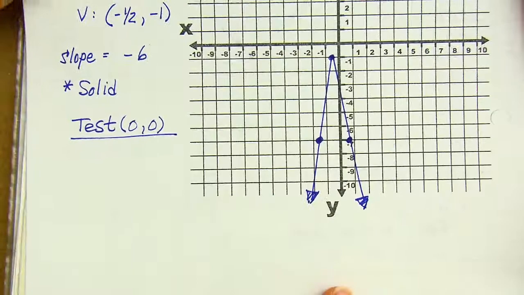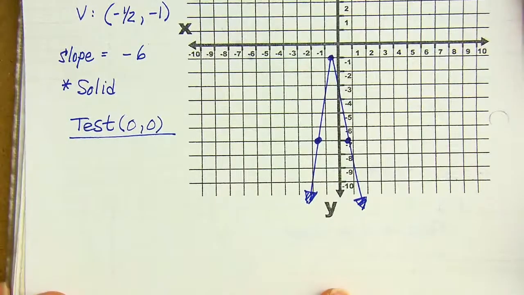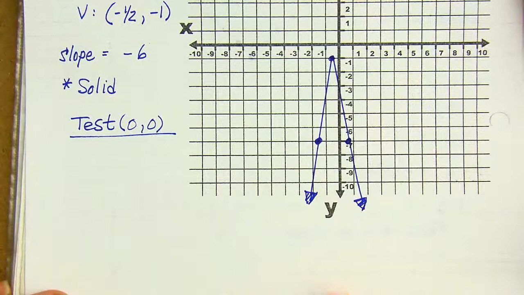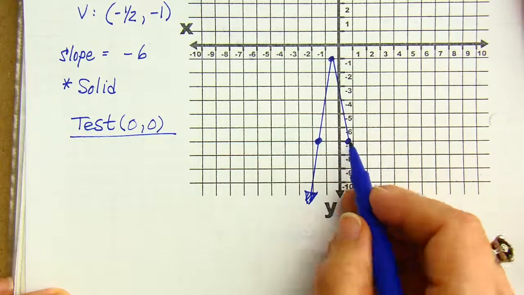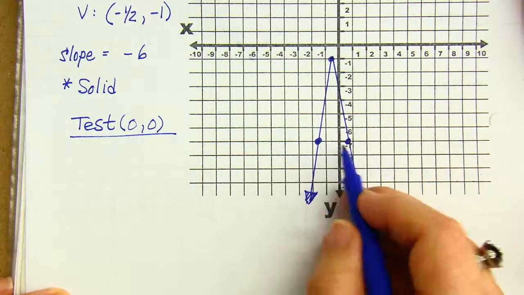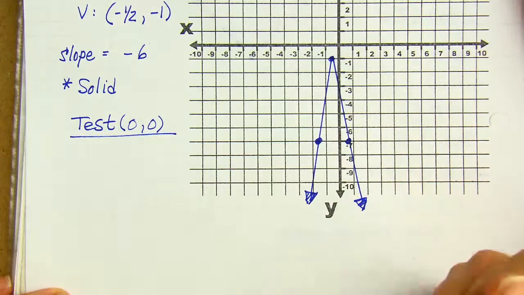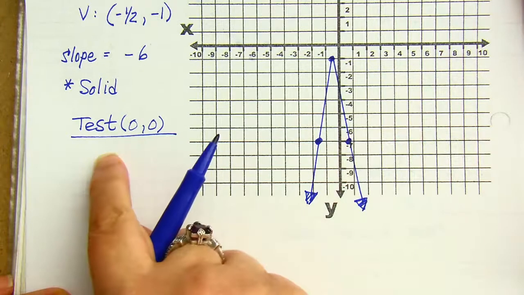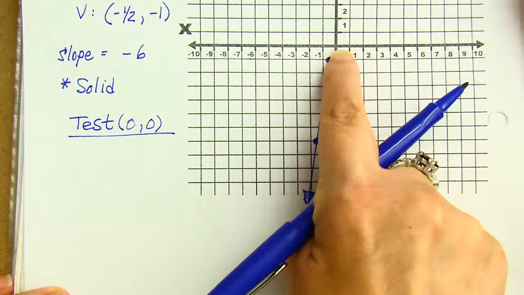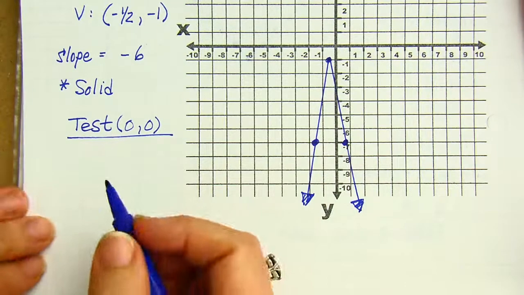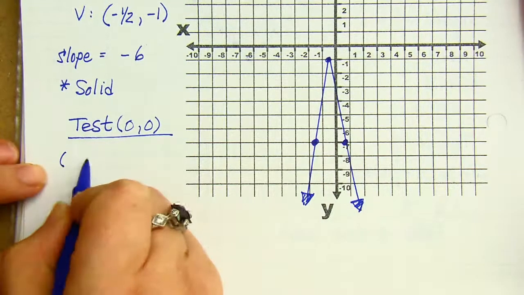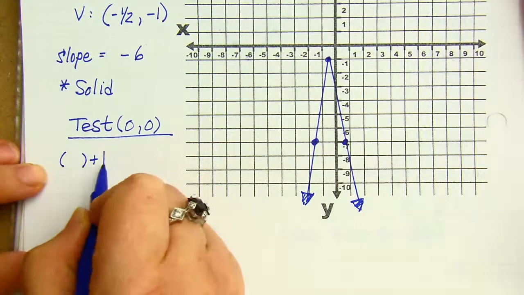Okay, so there's my graph that I drew. Again, I went down 6 to the right 1, and then I used symmetry to find the other point. I drew it and put my arrows on, and now I'm testing 0, 0 because the V-shaped graph is not passing through it. Remember, I have to substitute into the original, which is at the top of the page.